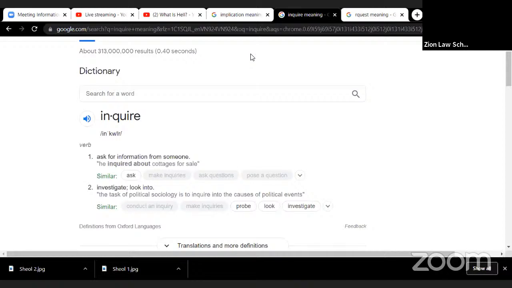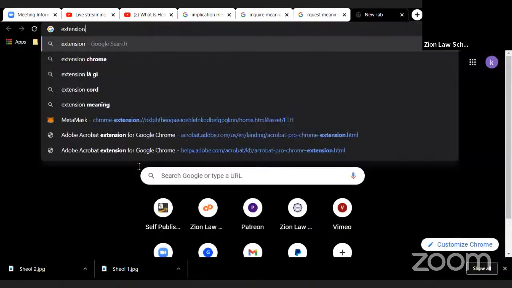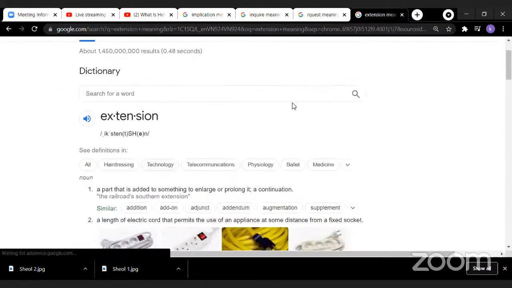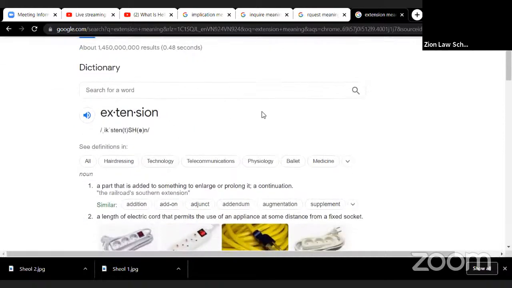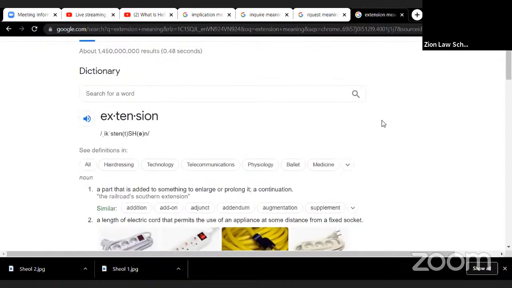So now let's look up extension. We should make sure we understand the author's conclusions, and it's not even that we have to agree with the author. We should have an understanding of what the author is saying, regardless of what we think about it.